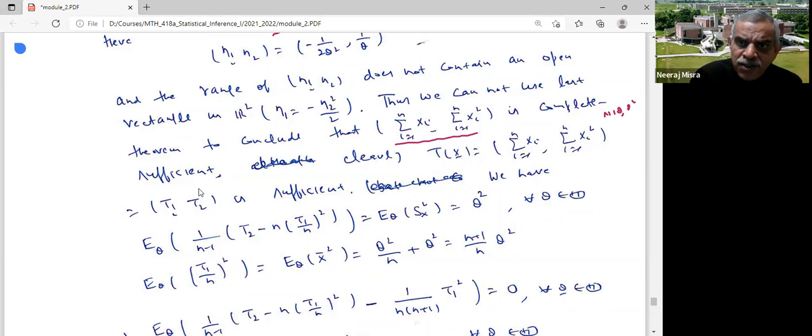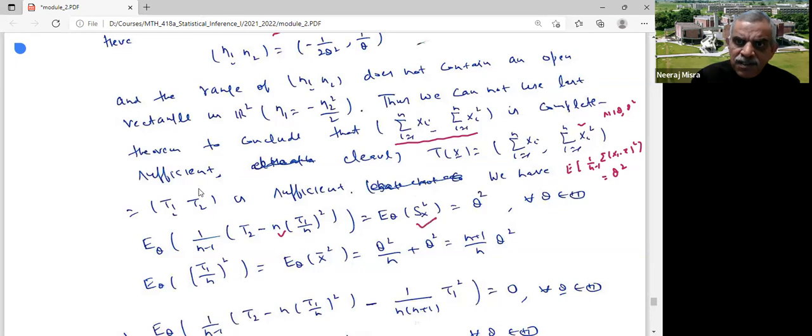Now what we have: I know that the expected value of 1 upon n minus 1 summation xi minus x bar whole square is the same as the variance, which for normal theta, theta square is theta square. This is the same as 1 upon n minus 1 times summation xi square, which is t2, minus n times x bar square, where x bar is t1 upon n, whole square.